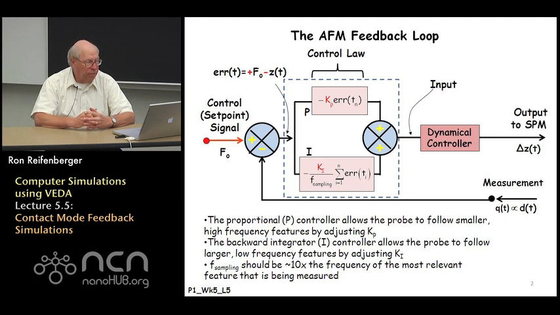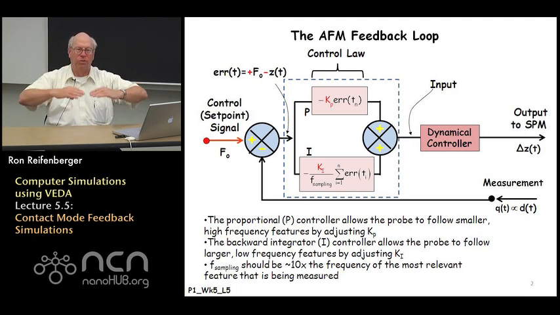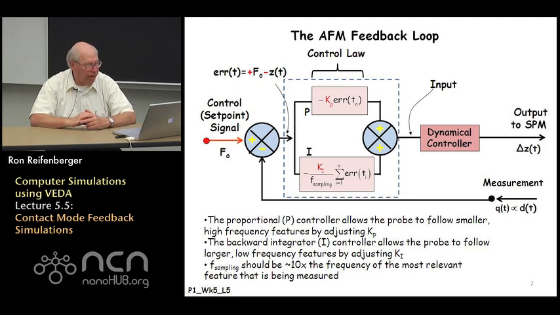So this error signal, which I indicate schematically in this diagram, is the difference between a set point force and the position of the substrate with respect to the cantilever, right?